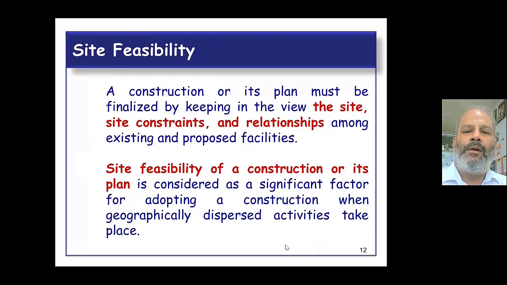Therefore, we need to have the knowledge of surroundings along with the construction which is to be carried out. So site feasibility of a construction or its plan is considered to be a significant factor.